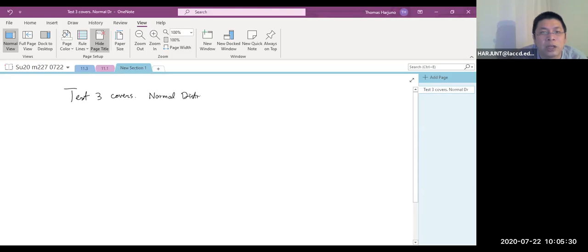But you will see in my old test, this normal distribution can go to central limit theorem and can also go to binomial. We also have Bayes theorem, which is not in our book, and then confidence interval.